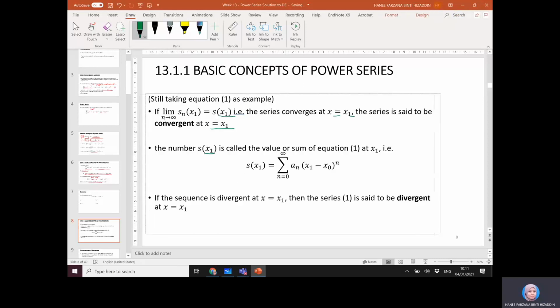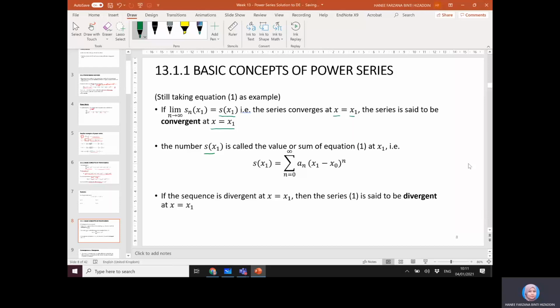So this number S(x1) is called the value or sum of equation 1 at x1. Initially equation 1 is the sum from n equals 0 to infinity of a_n (x minus x naught) to the power of n. When you replace this x with x1, and then as n approaches infinity, you get S_n of x1 converging to a certain value.